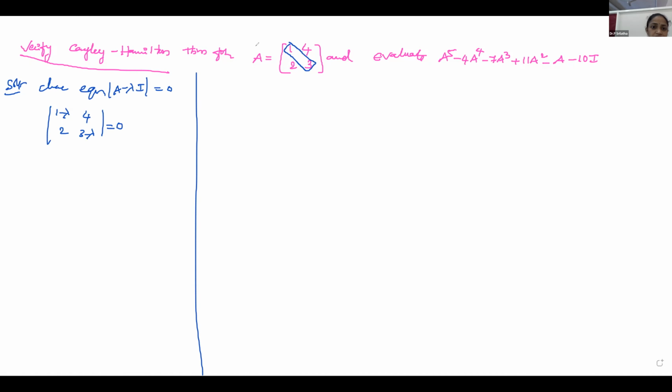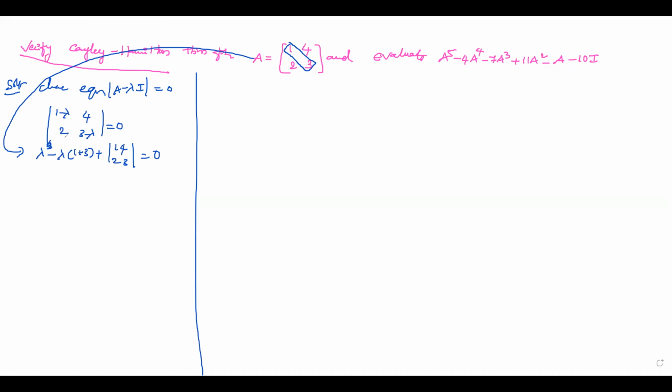So how to write the characteristic equation in shortcut form? Lambda square minus lambda into (1 plus 3) plus det of [1, 4; 2, 3], because this is a 2 by 2 matrix. So the equation is lambda square minus 4 lambda plus 3 minus 8, which is minus 5, equal to 0.